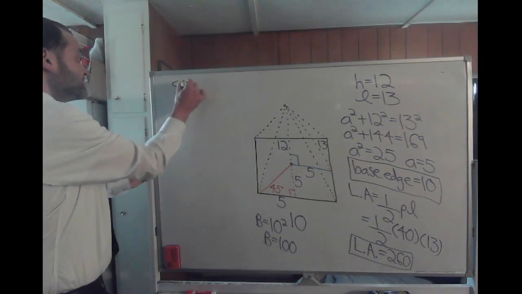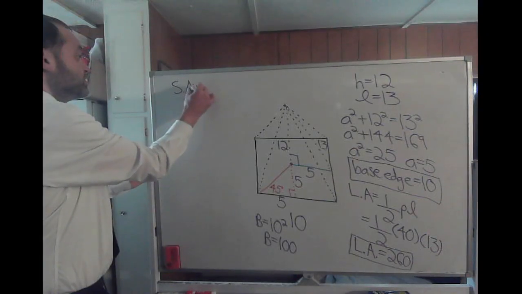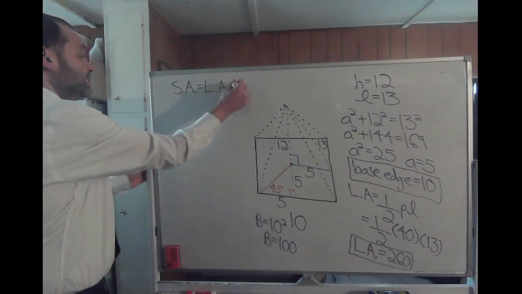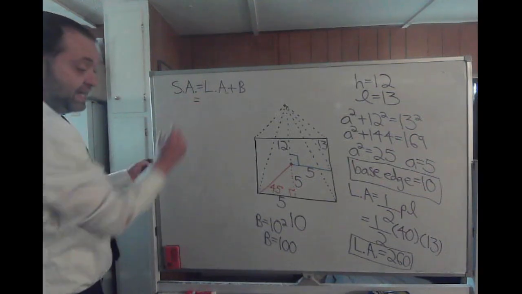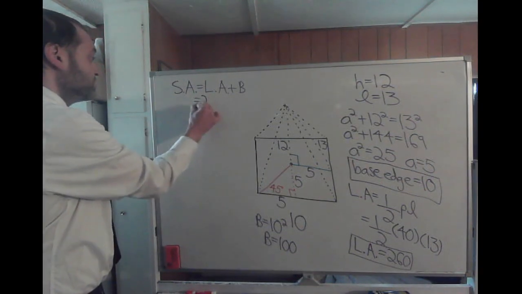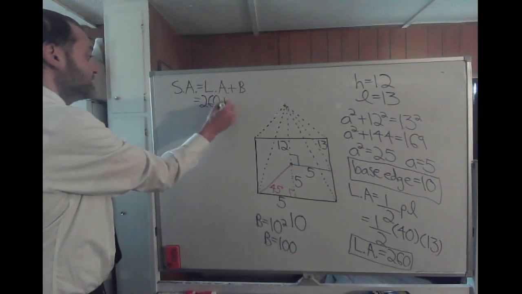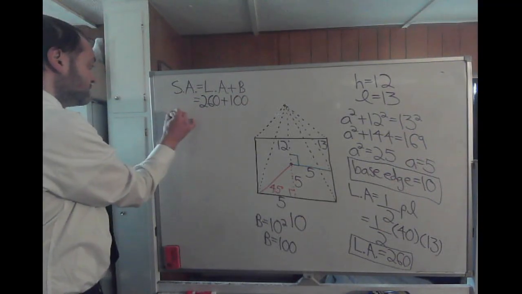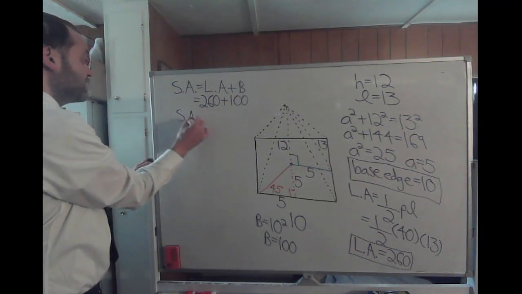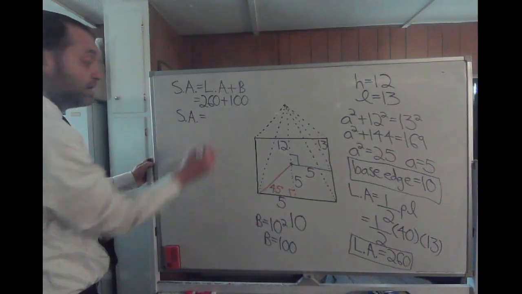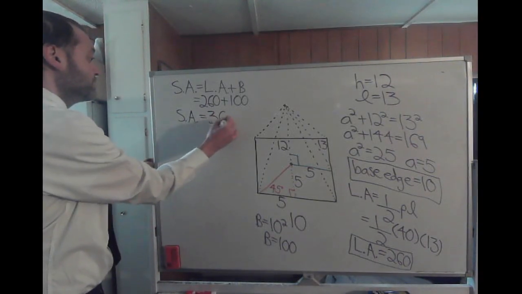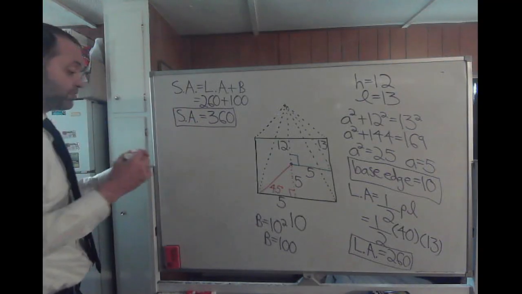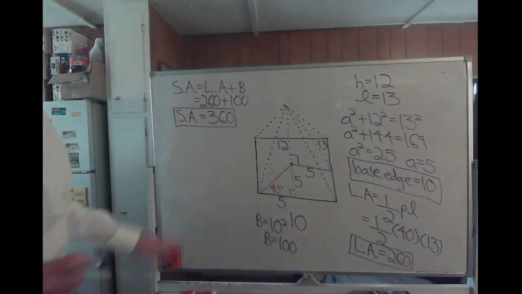So the surface area, of course, is equal to the lateral area plus the area of the base, which in this case, the lateral area was 260 square units plus the area of the base, which was another 100 square units. So therefore, the surface area of this pyramid is going to be 360 square units.